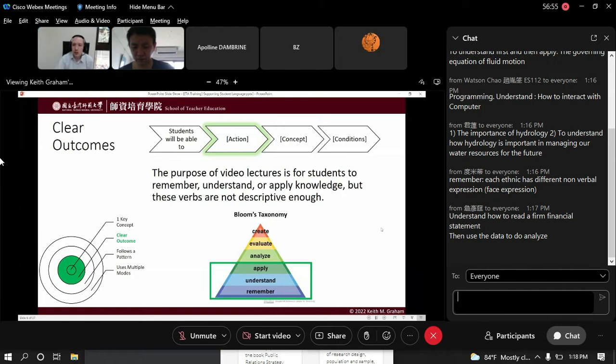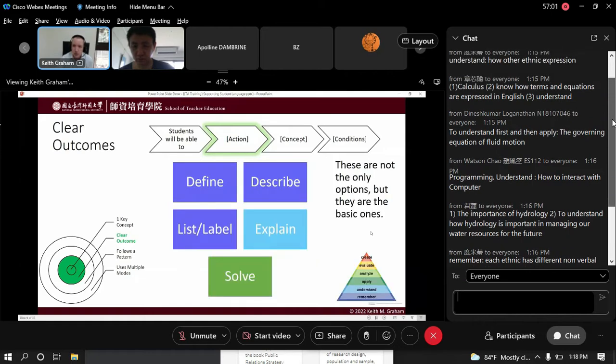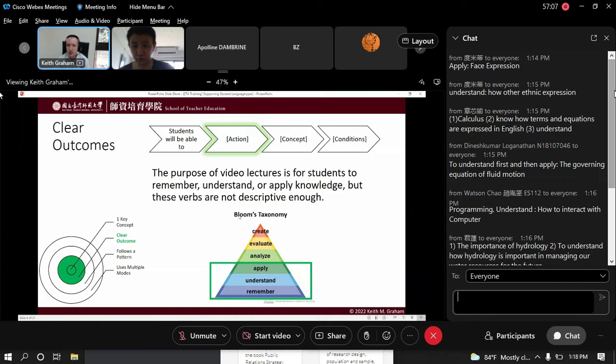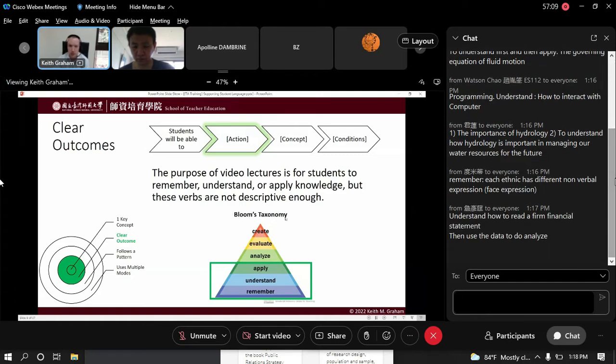So within these categories, we want to look for different verbs. Now, if you go online, this thing is called Bloom's taxonomy. If you type in Bloom's taxonomy verbs, you're going to find a whole table of verbs that could be used at each one of these levels, even at the higher levels.